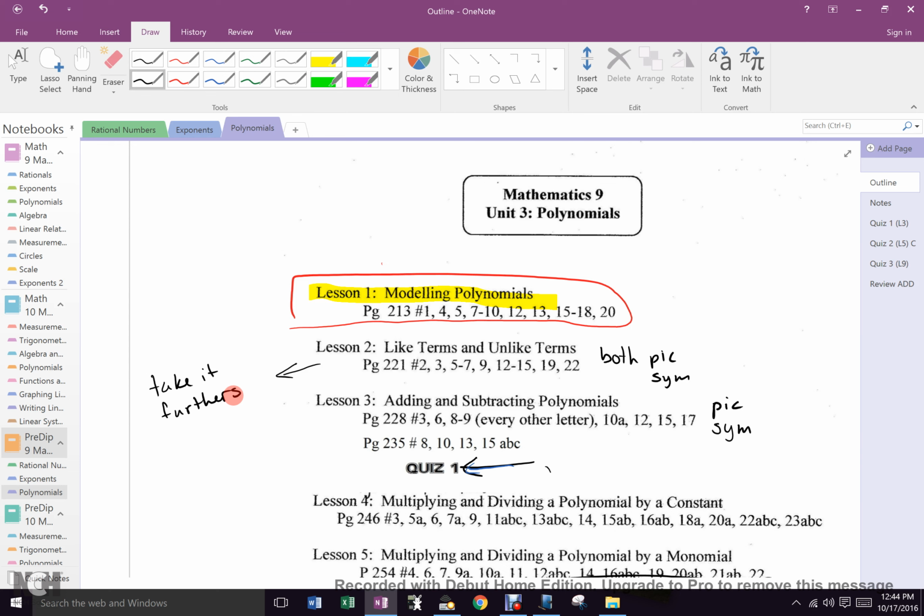But if you want an A in grade 10, grade 11, grade 12, then I'd really recommend doing all the take it furthers. Sometimes I will assign one of them like I did today, but not always. I would recommend doing all of the take it furthers. You don't necessarily need to. They won't show up on many tests, but it's a really good idea.